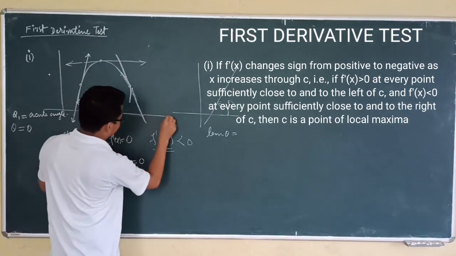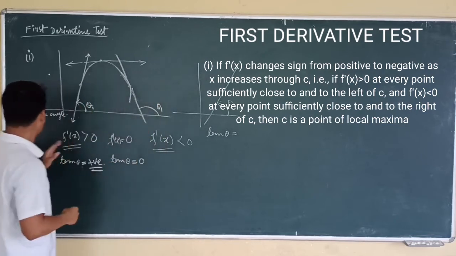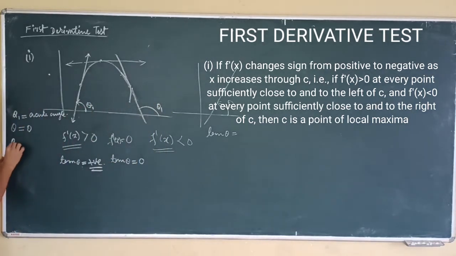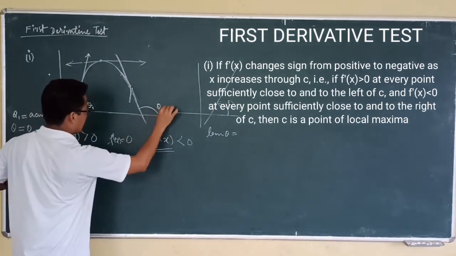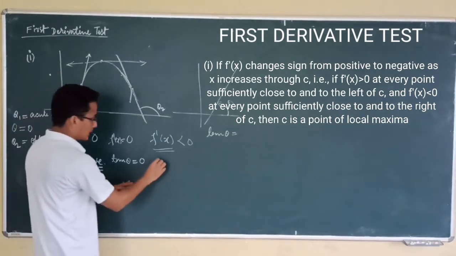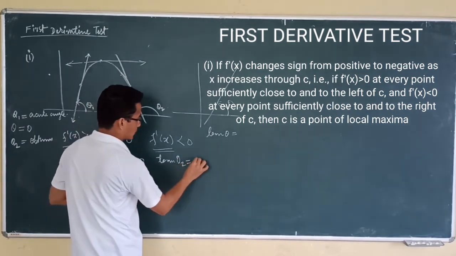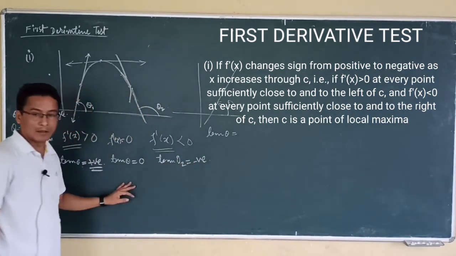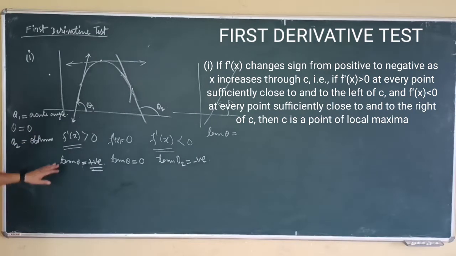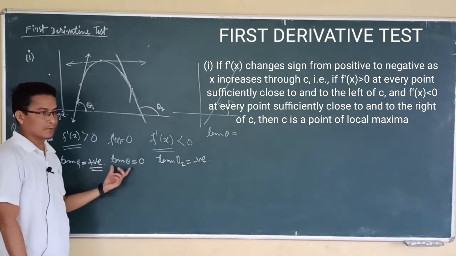Now if I draw the angle from the x-axis in the anti-clockwise direction, then tan theta 2 is what? Theta 2 is an obtuse angle. So we know that tan of an obtuse angle, theta 2, gives a negative value. Tan of the acute angle theta 1 gives a positive value.